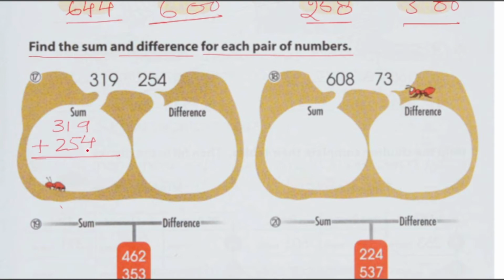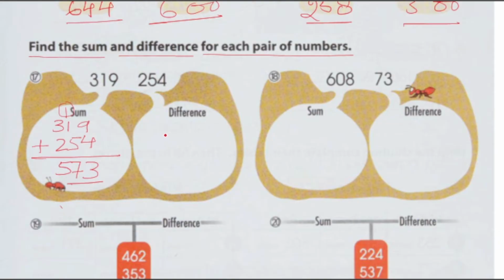So 9 plus 4, 13. Write 3 over here and carry 1 forward. So 1 plus 1, 2. 5 plus 2, 7. And 3 plus 2, 5. So the sum is 573.